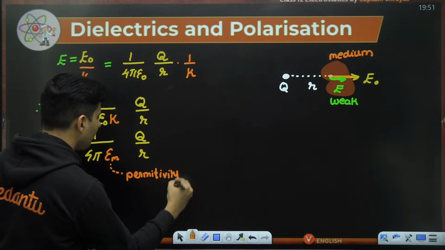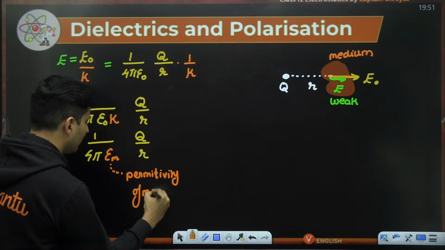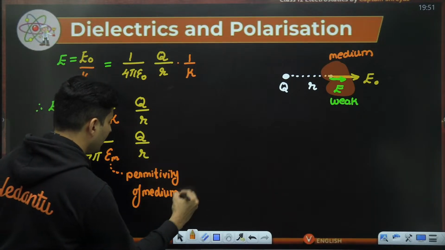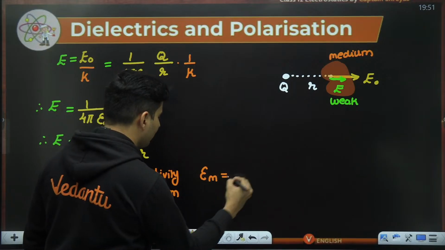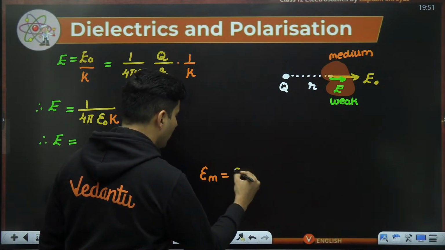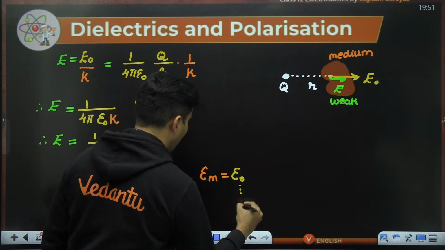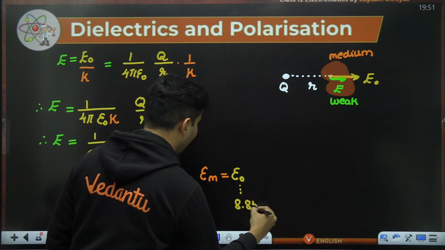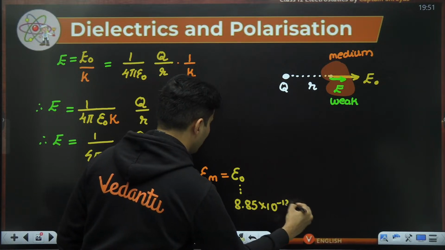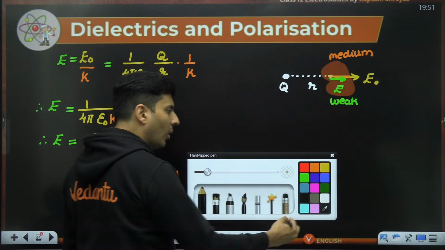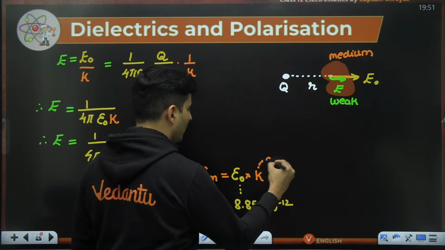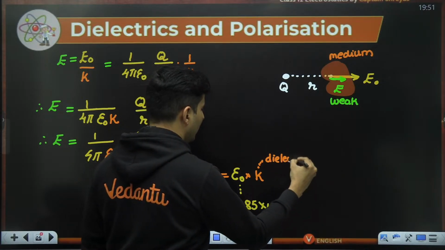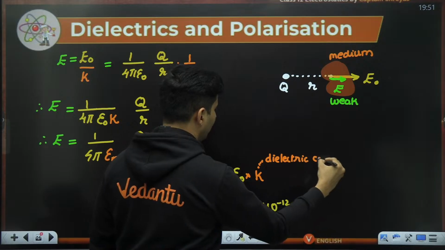So the permittivity of any medium is the permittivity of free space, whose value is 8.85 times 10 to the power minus 12, multiplied by the dielectric constant.